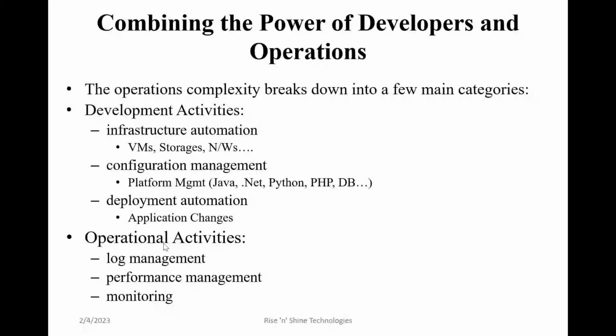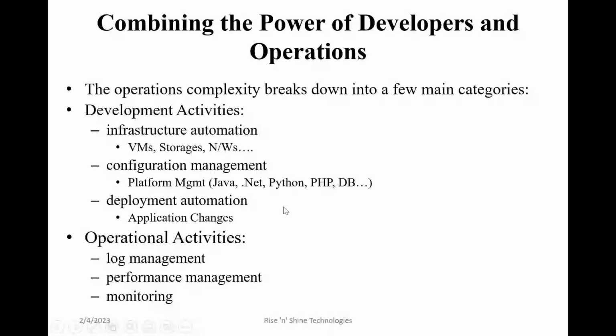But to have better coordination, communication and collaboration among those teams, we are going to become a developer as well as an operation engineer. Yeah, this is the overall picture of the main activities. So we should always remember all these activities whenever we are working.